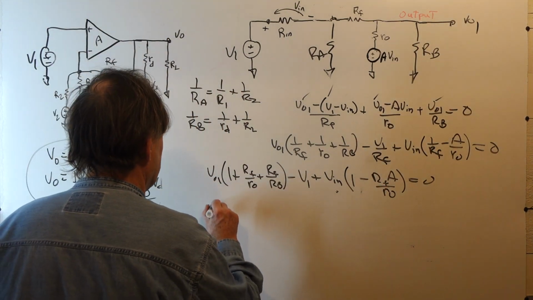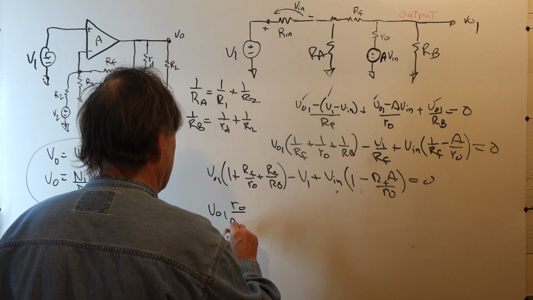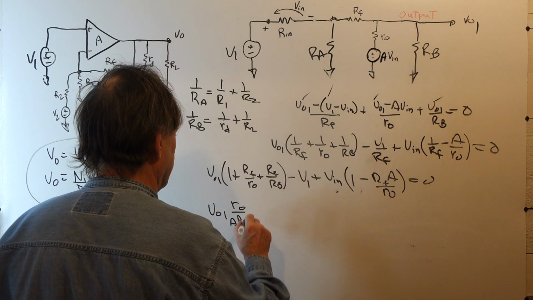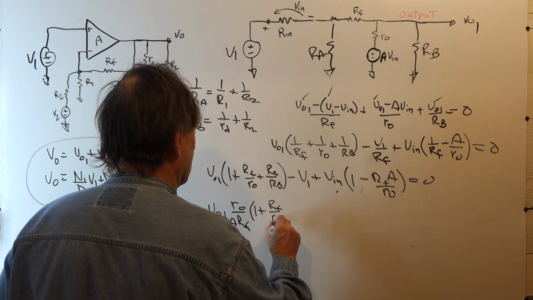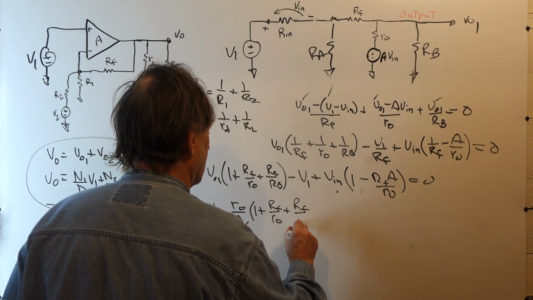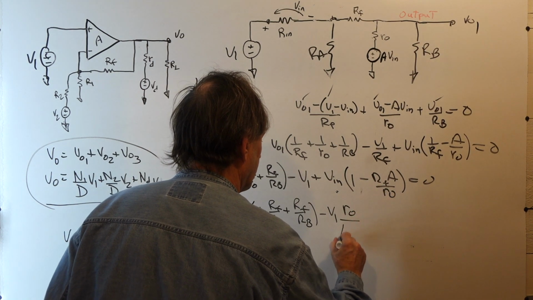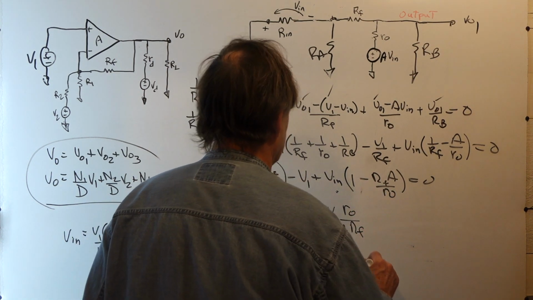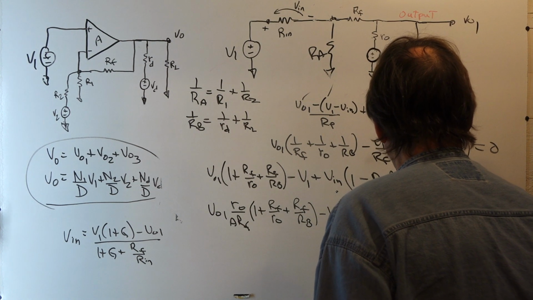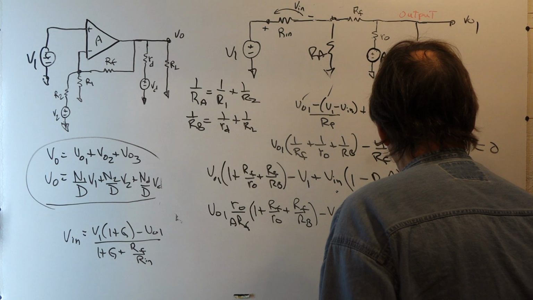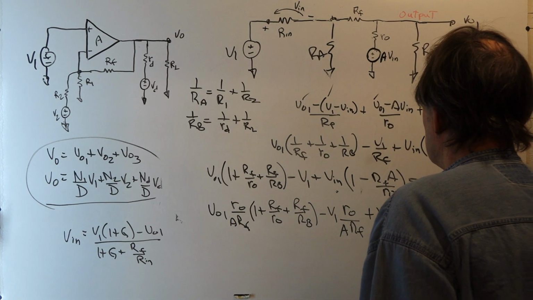So I'm going to write this as VO1 times R0 over ARF, times 1 plus RF over R0 plus RF over RB, minus V1 R0 over ARF, plus Vn times R0 over ARF minus 1 is equal to 0.